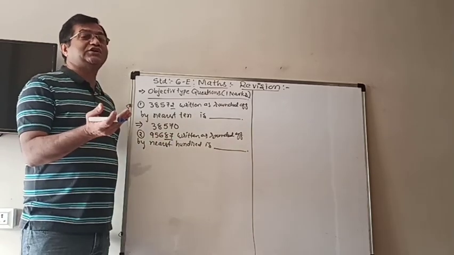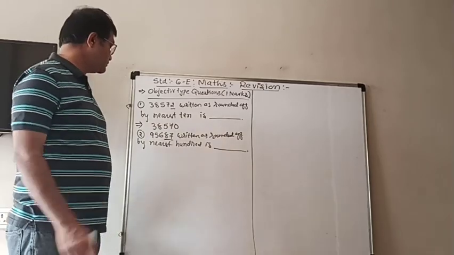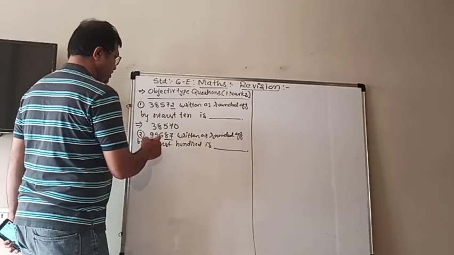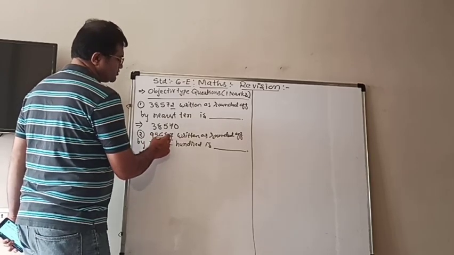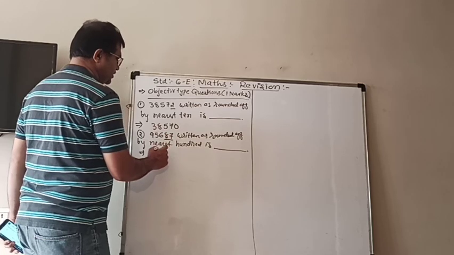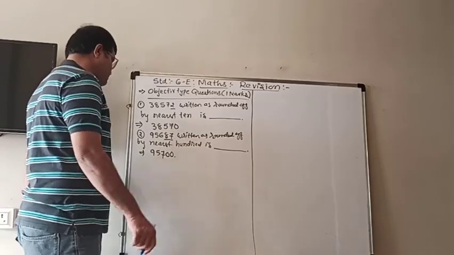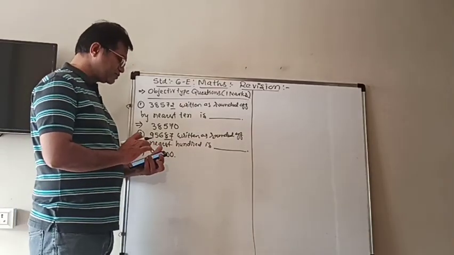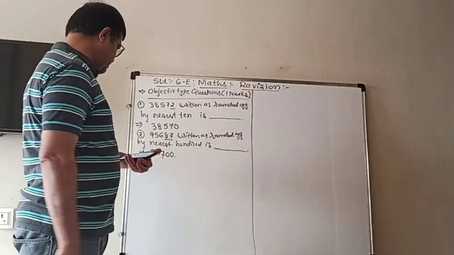If it is 50 or more than 50, you add 1, otherwise you put 0. So here your answer will be 95. Now this digit is more than 5, so you have to add 1 here. So 95700, 95,700. Like that you can write down.